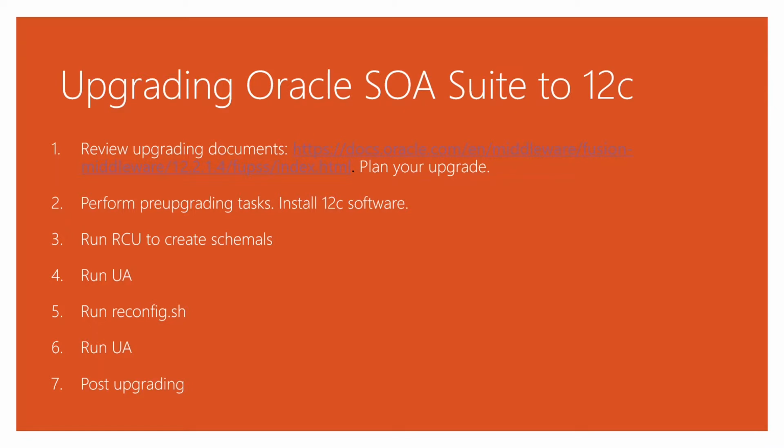Before you start the upgrading, there are some pre-upgrading tasks, including installing the newer version of software. Today we are at 12.2.1.4. If you watch this video later, you might have a higher version. So you're gonna install the version you want to upgrade to.